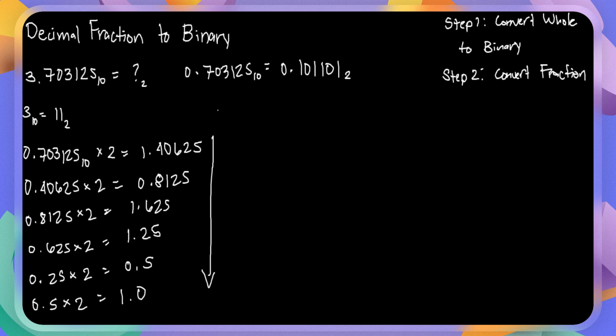And then you just combine the two, and then you get, right, in different color, 3.703125 in base 10 is equal to 11.101101.